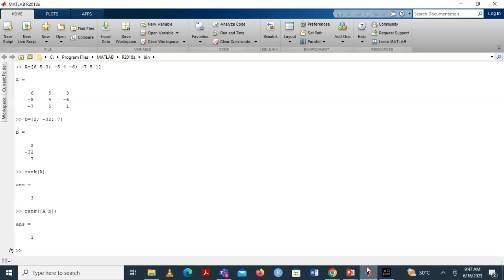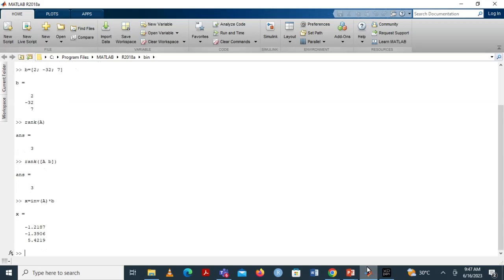So now let's use the two methods which we talked about to find the solution to the system equation, so to the simultaneous equation. So we are finding the values of x. So x is equal to, I'm finding the inverse of A, so inverse A multiplied by B should give me the solution.